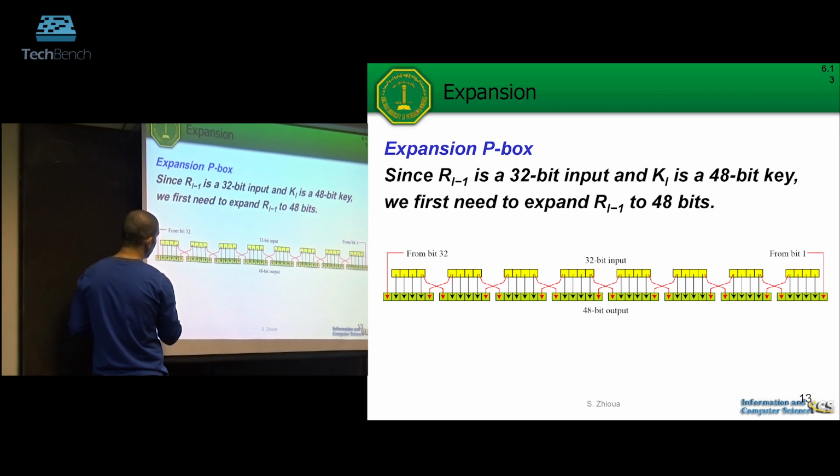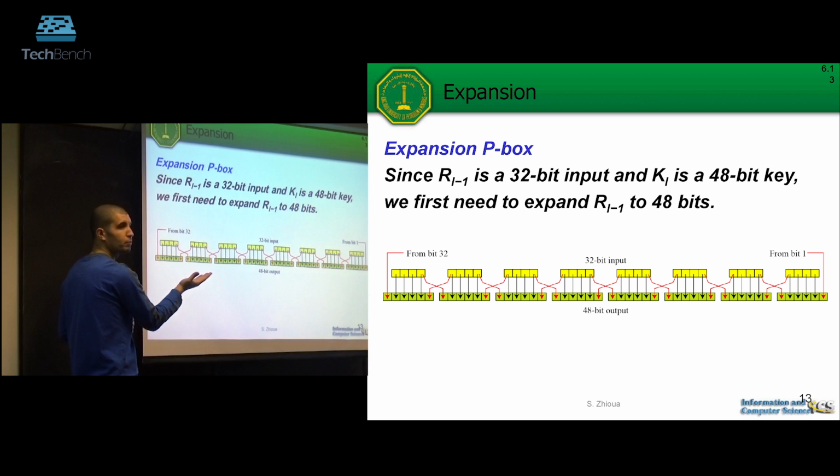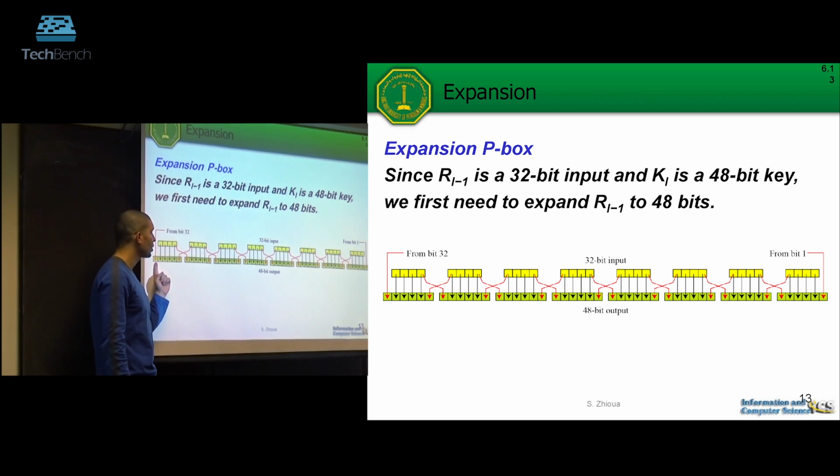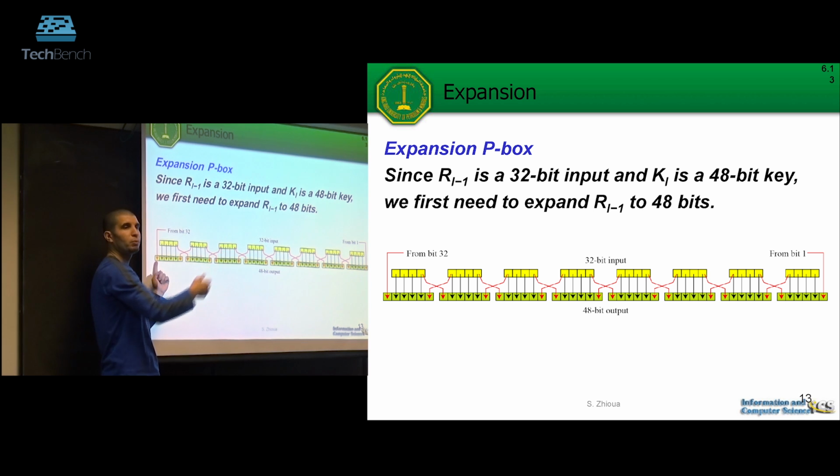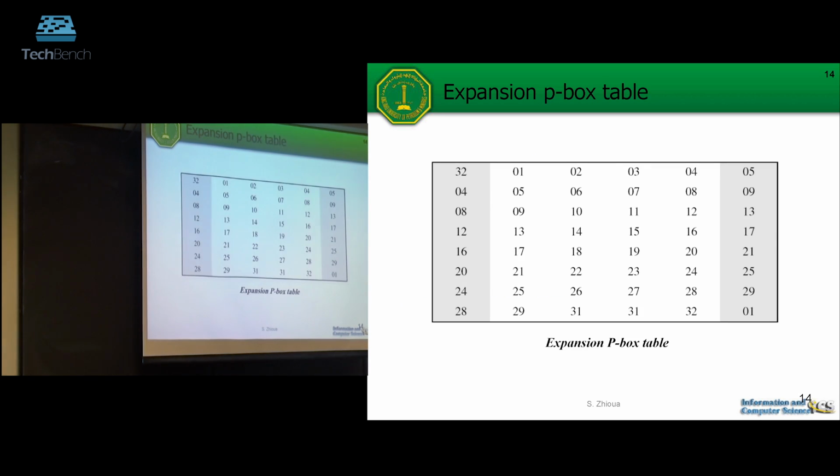The first bit of the six bits will be the last bit of the previous block. And this first one comes from the last bit of the last block, number 32. You put it here. So you expand it this way. It's straightforward: you take 32 bits, you return 48 bits.